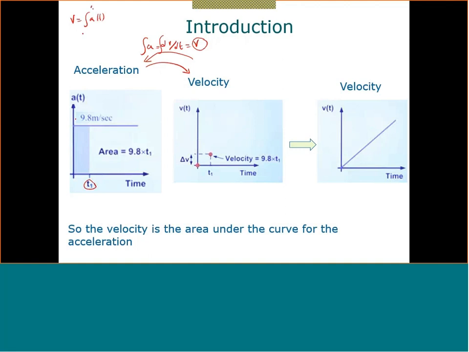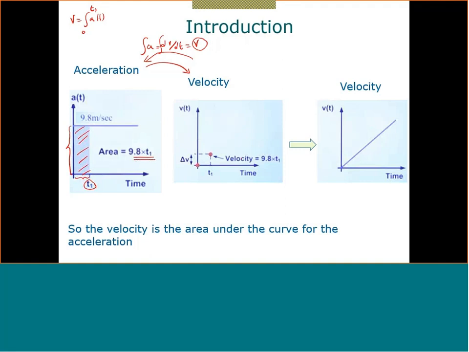If we say from 0 to t1, we are trying to find the area under the curve from 0 to t1, and the area here is very clear. If we have a constant acceleration of 9.8 meter per second squared, the area would be 9.8 times t1. So this is the area under the curve.